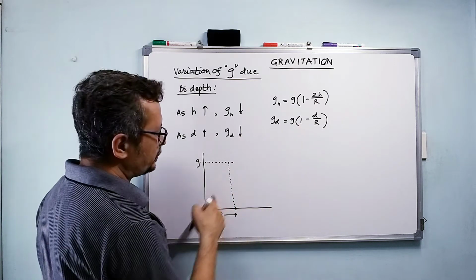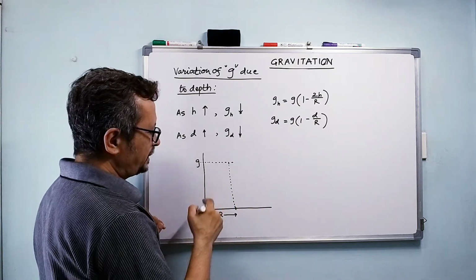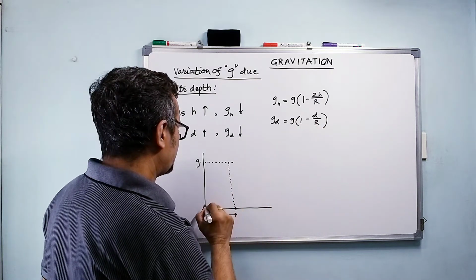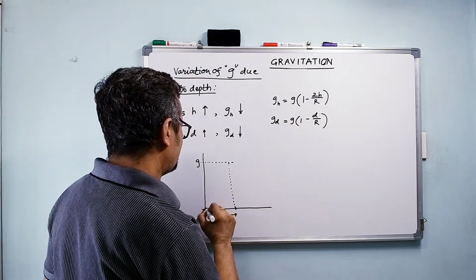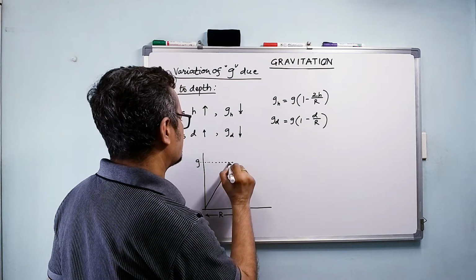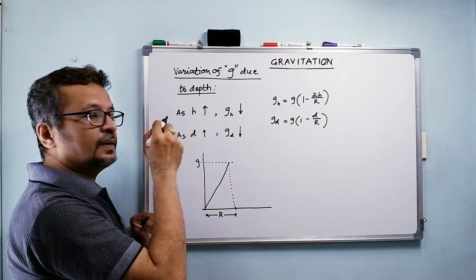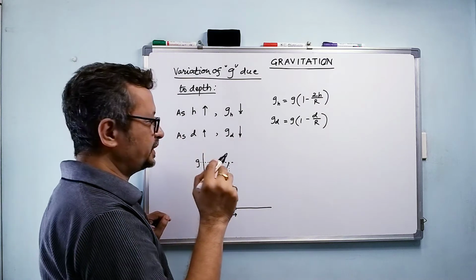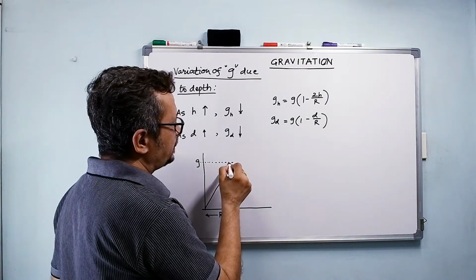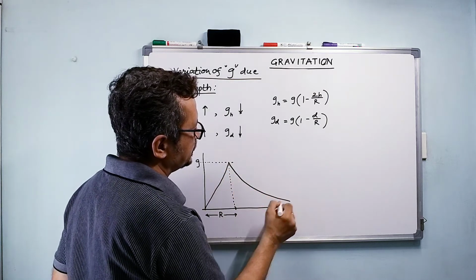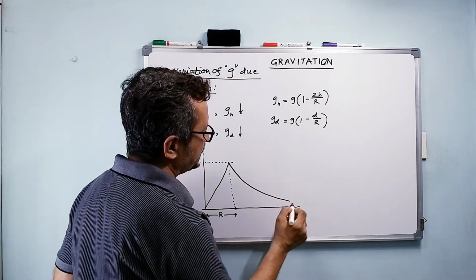As I am at the center of Earth, it is going to be 0. As I come to the surface, this graph is linear, so it is going to be like this. So I reach this point. Now as I go further up, it is going to decrease. So the graph is going to be like this.